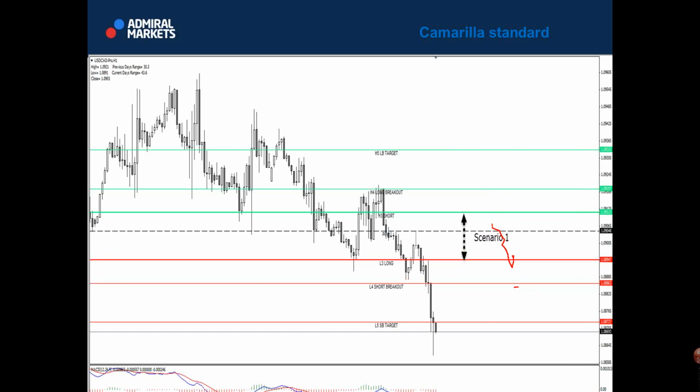For short trades, price opens up here, then it goes above H3, but closes below H3. When price closes back below H3, sell. Stops are here. After these 4 scenarios, I will also pause the screen for you to capture, because I have all 4 scenarios on PPT. So this is the first scenario.